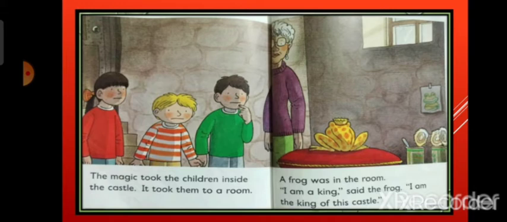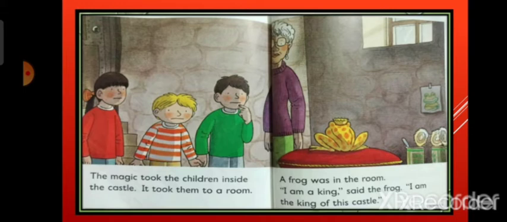Children, have you noticed every sentence is beginning with a capital letter and ending with a full stop? Yes, all the sentences begin with a capital letter and end with a full stop. Here you can see these are inverted commas. We can say them speech marks also.